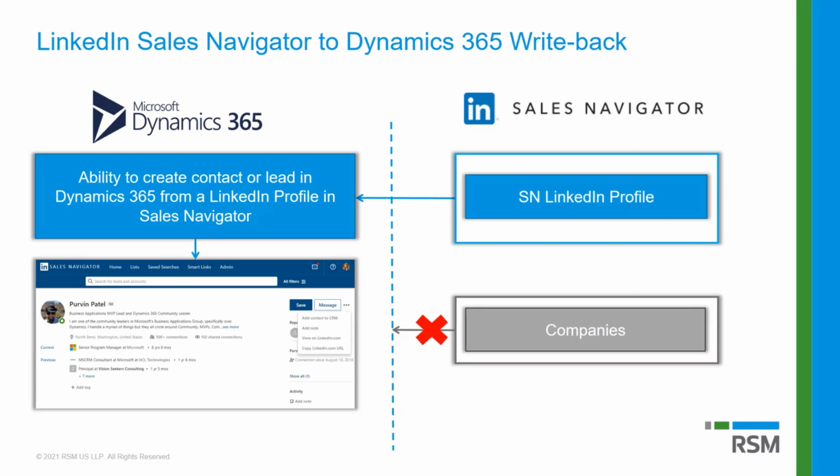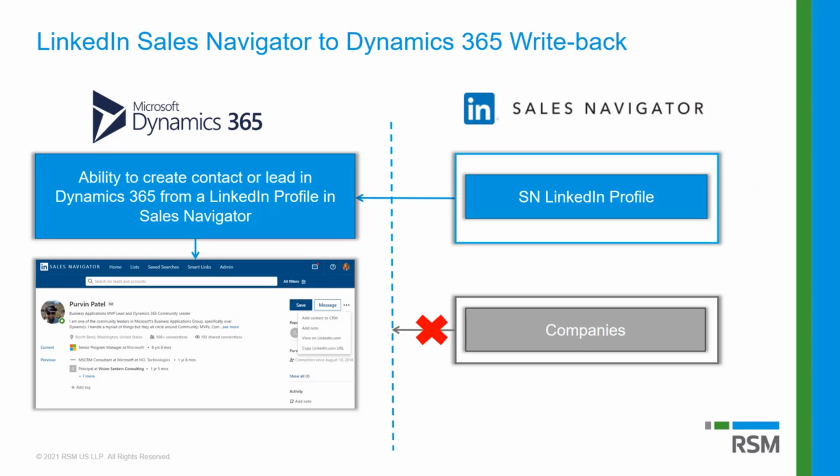Now, LinkedIn Sales Navigator also allows users to create a contact or a lead record in Dynamics 365 from a LinkedIn profile. So there's no copying and pasting here, there's just a button that you're going to click. So before you can enable this functionality, you need to make sure again, right, that this feature is enabled obviously in those admin settings.